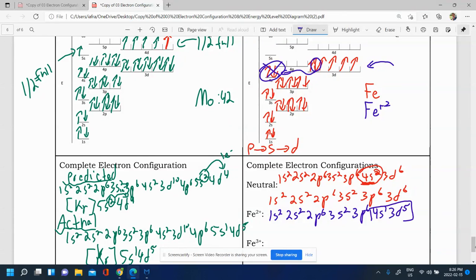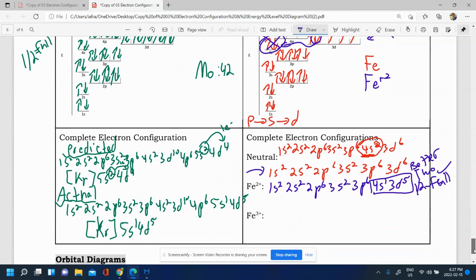And so what we've done by doing this is we've created 2 half-filled sublevels. And so these are more stable than the partially filled one that was there before. So this would be the better electron arrangement than this one over here for the iron 2 plus.